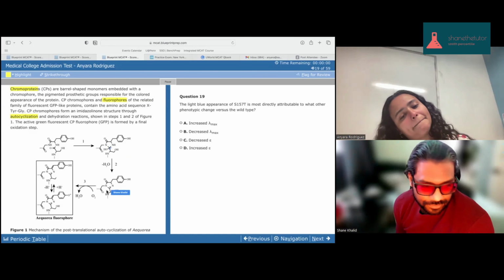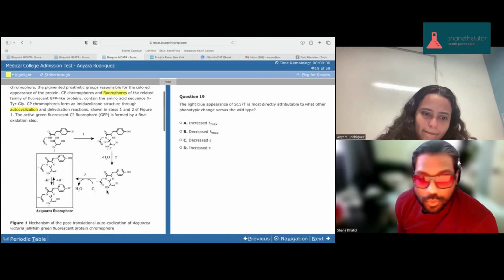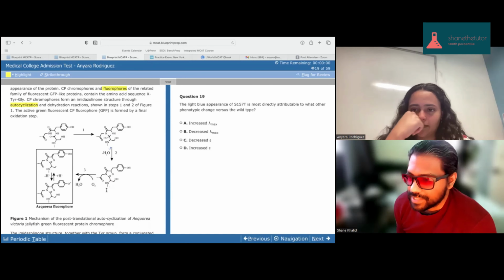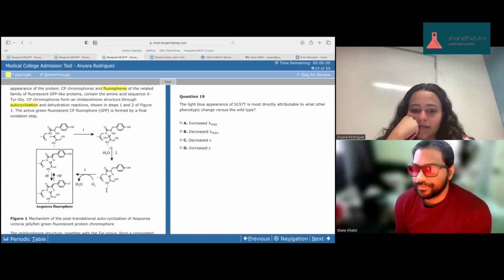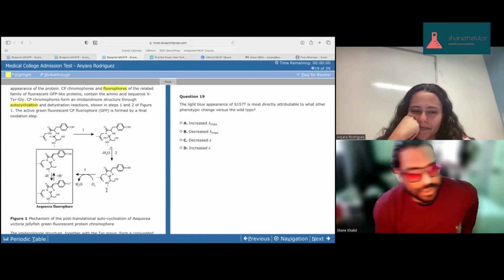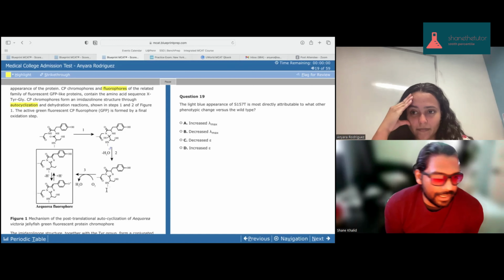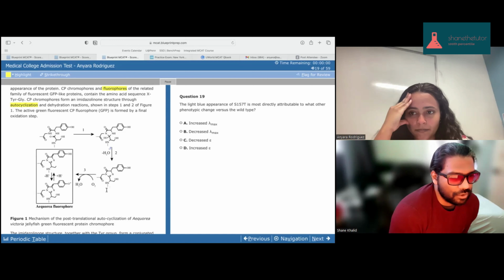Because when you have dehydration, you typically have synthesis, right? So we have that double bond now in that imidazolinone thing.